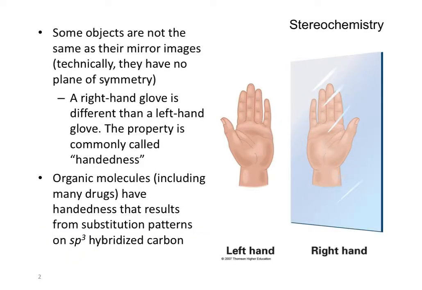So before we get into that, let's first lay the foundation of what is asymmetry, asymmetric center. What do we mean by what is also called chirality, or the property of handedness? Now, what I want you to do, pause the video for now and take a moment to look at your hands, palms facing up, okay?